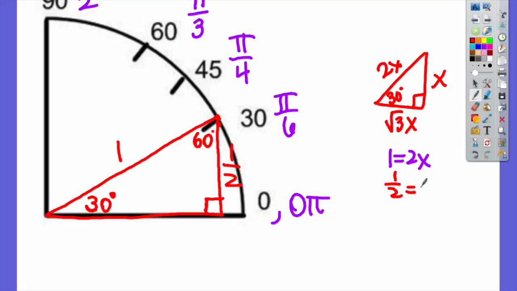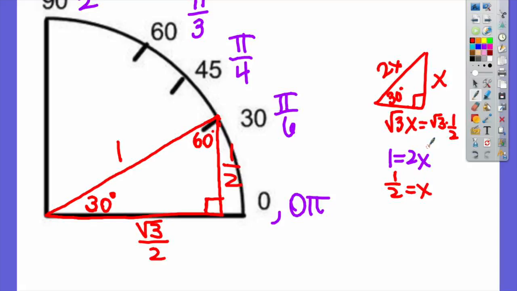Or did I go over you guys' heads? So the side across from the 30 degrees is 1 half. So x is 1 half. Then what's the side across from the 60 degrees? Square root of 3 over 2. Because all you do is plug in the 1 half and multiply.